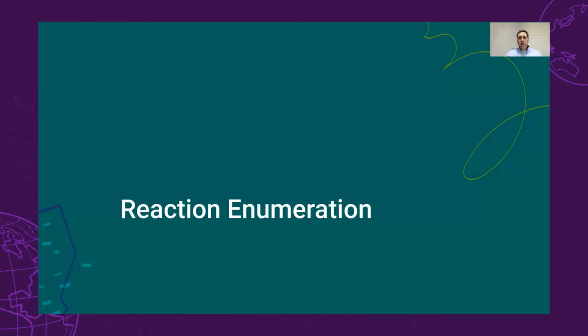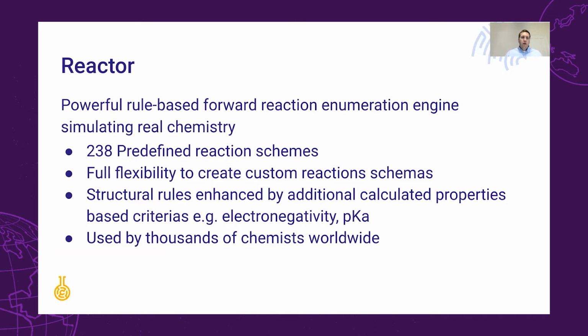The other area that I would like to mention and talk about is reaction enumeration. ChemAxon has a quite powerful rule-based forward reaction enumeration engine that can simulate real chemistry. It's called Reactor. Reactor is a quite major product of ChemAxon.